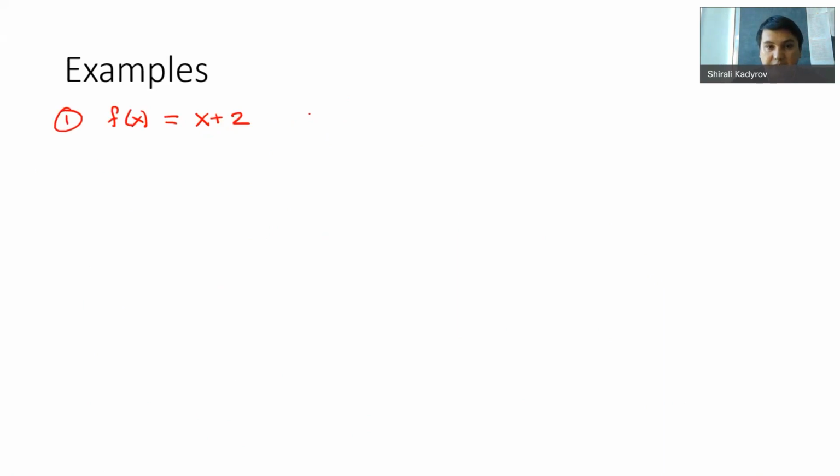Well, x can be any number in the reals. Bold R stands for real numbers. So the domain of the function f is all of R. Or if you wish, you can also write minus infinity to infinity.